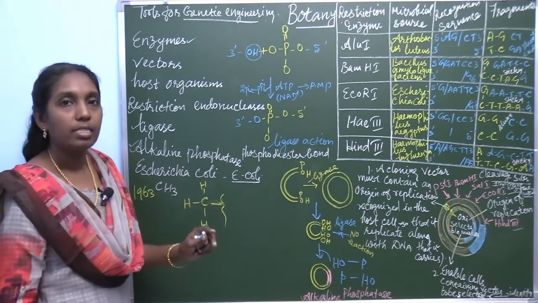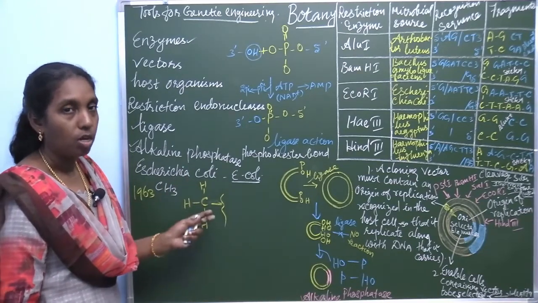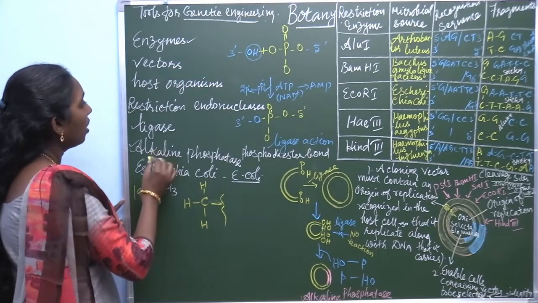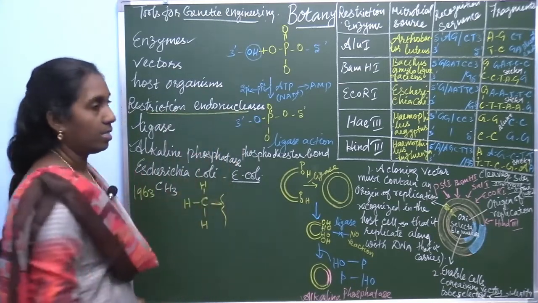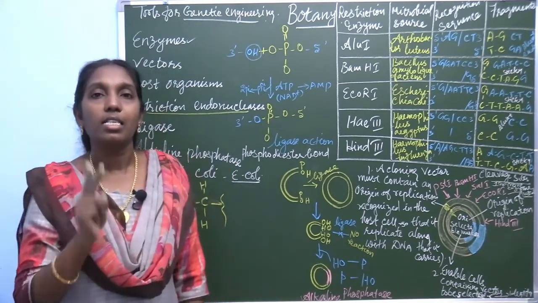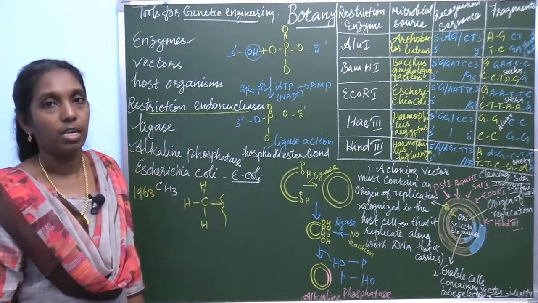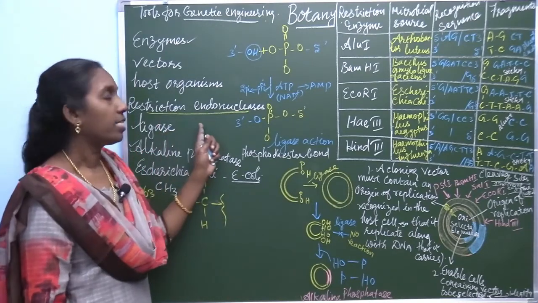The second type is called restriction endonuclease because it cuts the DNA sequence.